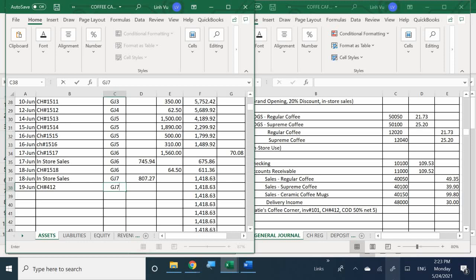And then a debit for 109.53. That should give you a balance of 1528.16. Good. Then I went to my accounts receivable.